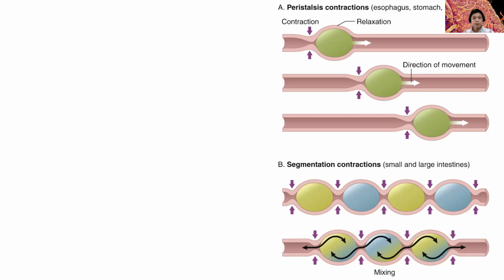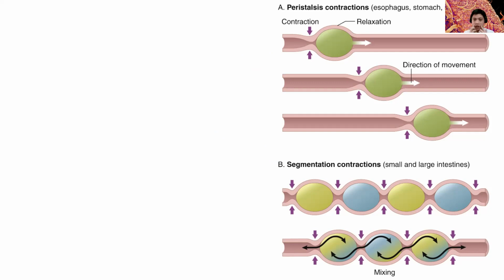Now, there should be a particular movement of the small and large intestine to, in effect, decrease the particle size. What we discussed earlier, here, was how peristalsis occurs. But this movement, letter B, segmentation contractions, will be how the distal portions of the gastrointestinal tract decrease the size of the food.